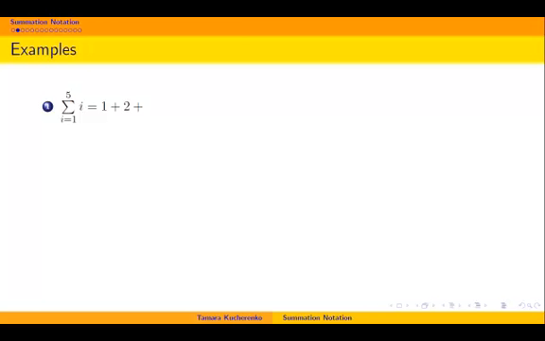We keep going in this fashion, getting 3 plus 4 plus 5. Here we stop, since 5 is the last value of the index. The sum of numbers 1, 2, 3, 4, and 5 equals 15. Thus we computed the value of the sum of i from i equals 1 to 5 to be 15.